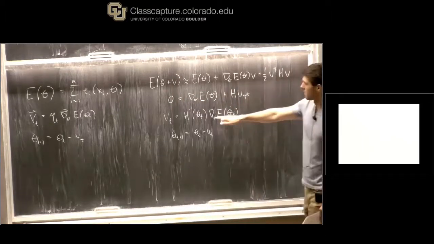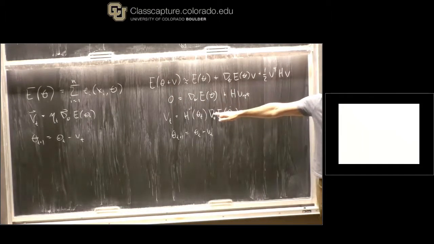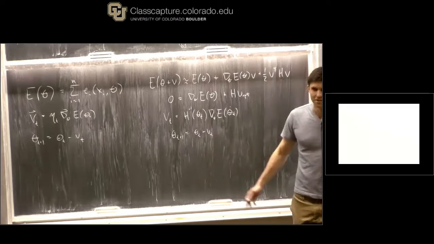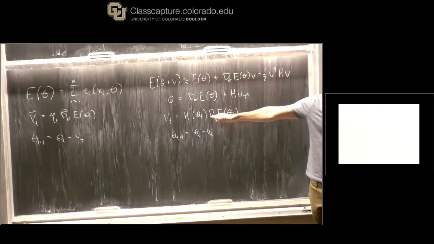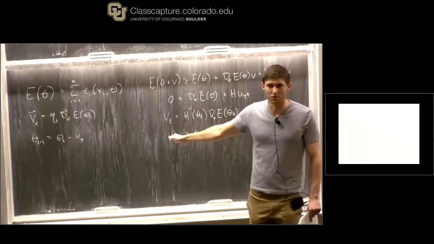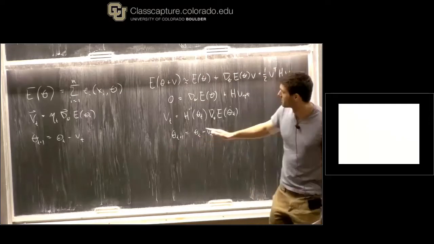And so you can see here that you need the inverse of the Hessian to make any progress. For big models, these days you can have a neural network that has 100 million parameters. So this is a 100 million by 100 million matrix. There's no way you're going to invert this, right? So this second order information is not going to help you.